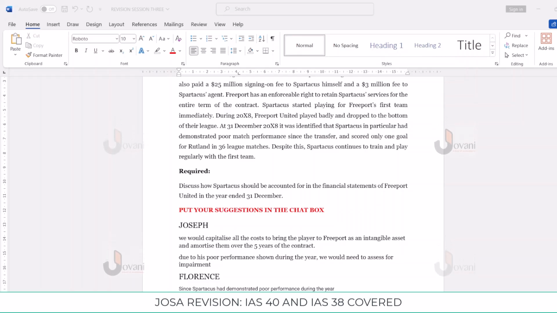I want us to, even while you are typing here, try to employ the technique of SSC.